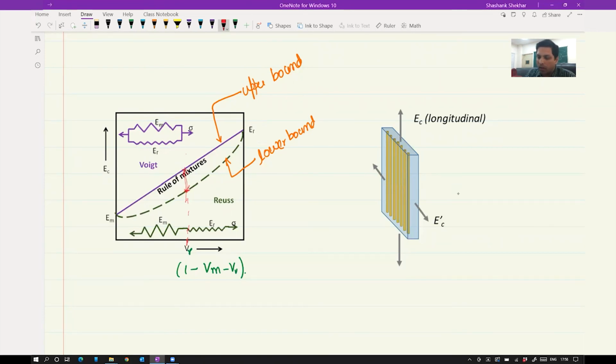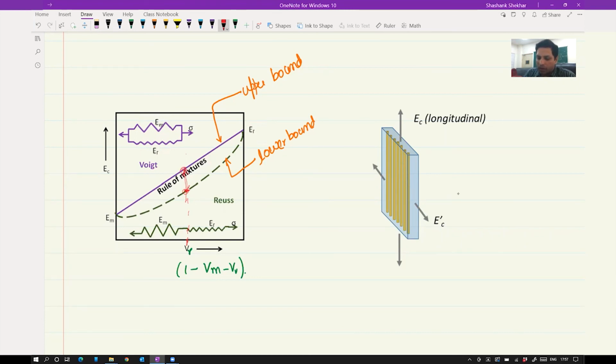And if you are applying load like this, meaning the fibers are perpendicular to this, then this would be the isostress condition, and it would be more like the series condition. The stress is constant, not the strain. And in that case, this would be the value. So these are the values for these two extreme conditions. Another condition could be that you have smaller fibers oriented in various directions and so on. No matter what, it would be in between these two.